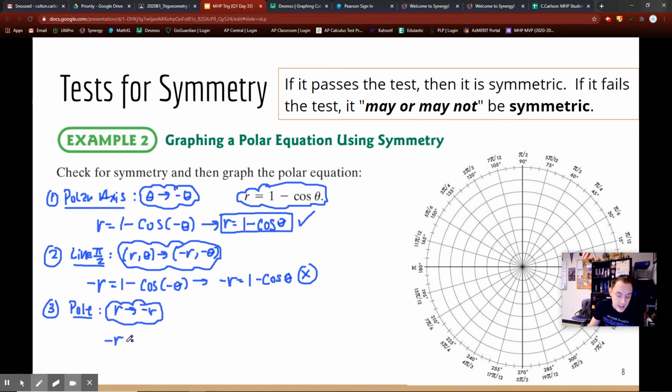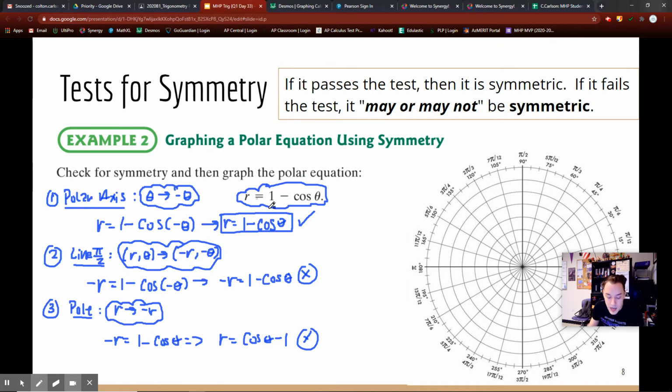So if I change that to negative r, this is 1 minus cosine of theta. Of course, this is not like it. Even if I change this up to say r equals cosine of theta minus 1 and just divide everything by negative, it's still not like my original. So that means this is only symmetrical to the polar axis.